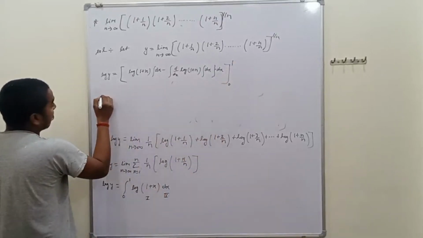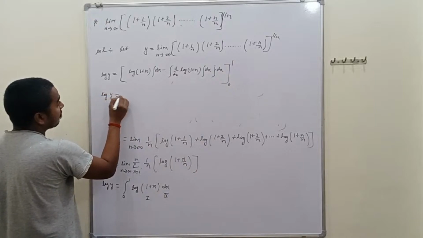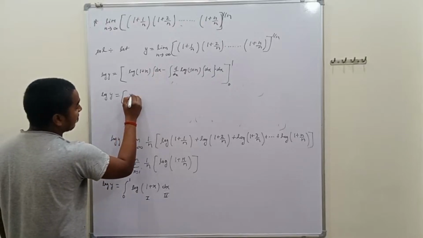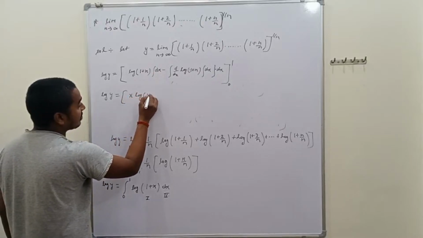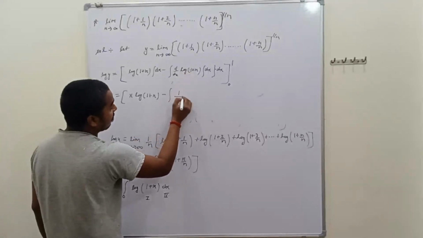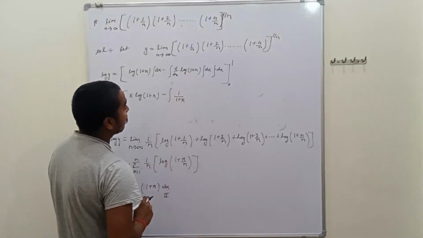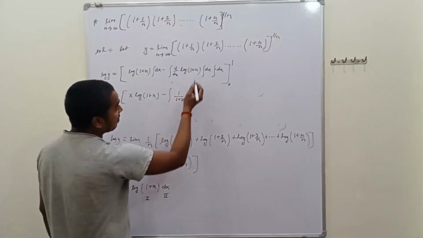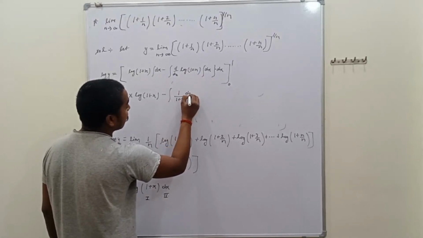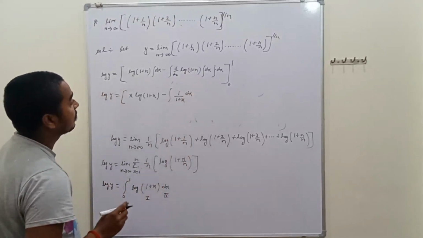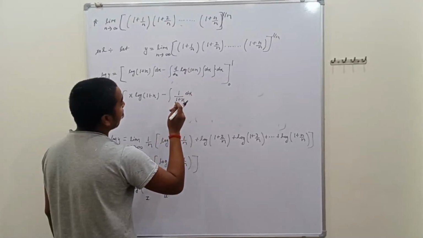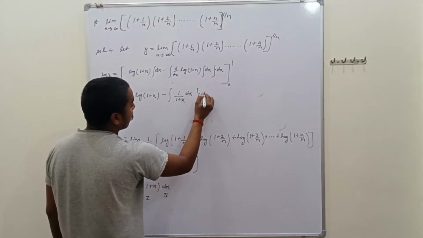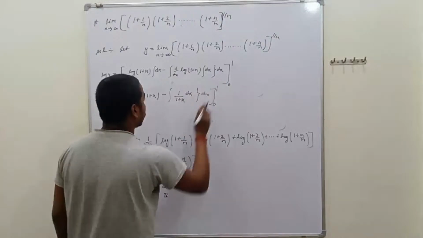We have to solve, that is log y is equal to, from here, the integration of dx is x, that is x log(1 + x), minus the integration of the differentiation of 1 + x with respect to x, that is 1, nothing to change, dx and whole dx, limit is 0 to 1.